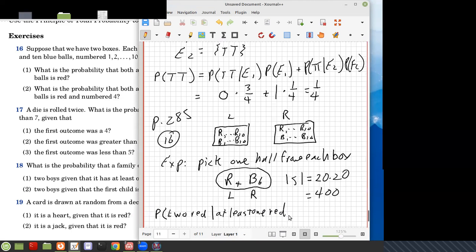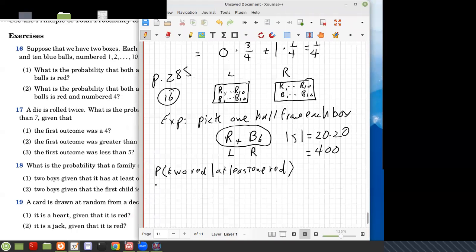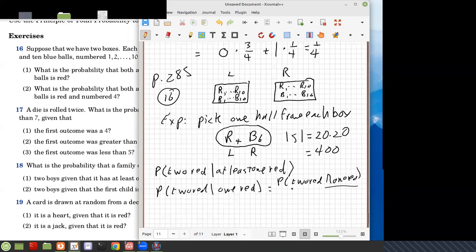We have to give a little shorthand because we have to write this probability: 2 red given 1 red. Well, it's a conditional probability, and we know from the definition, this is the probability of 2 red intersection 1 red.